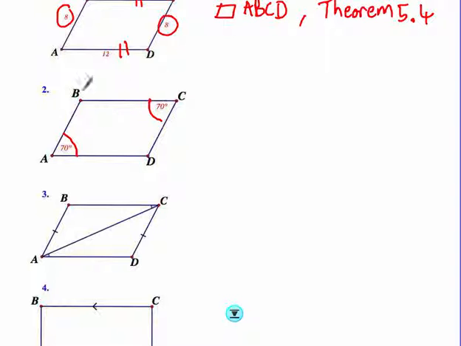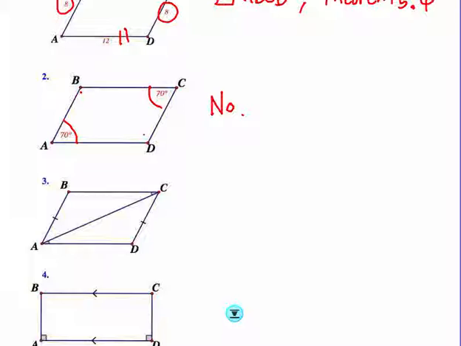Despite the fact that the figure is drawn to look like a parallelogram, you are not given any more information than that, and so you cannot make any assumptions about angles B and D. So in this particular case we cannot prove that ABCD is a parallelogram based only on the markings that we are given, and so we need to say no. Again, if you made the assumption that angle D was a supplement of angle C, that would have been a false assumption. We do not know that for sure.